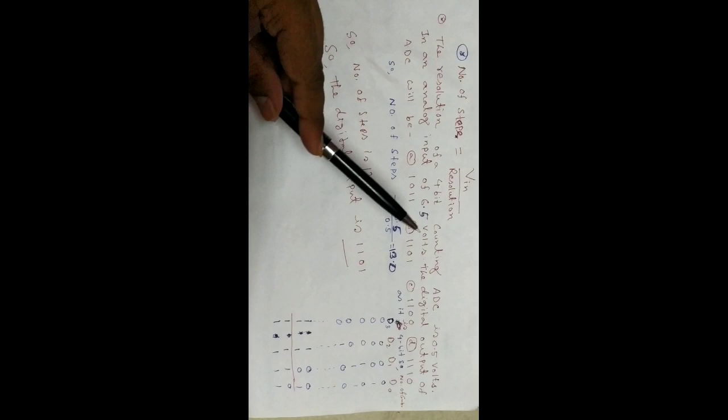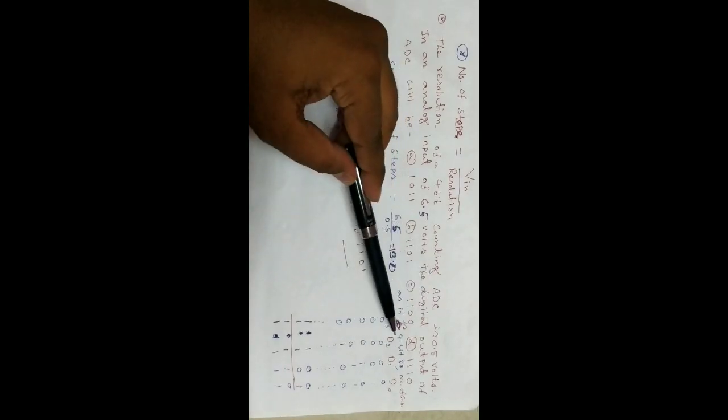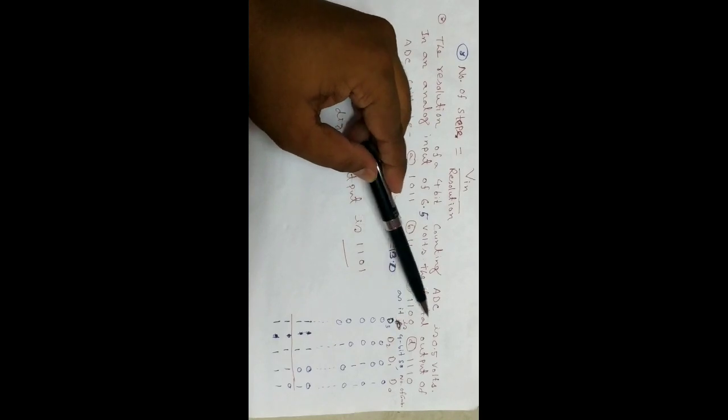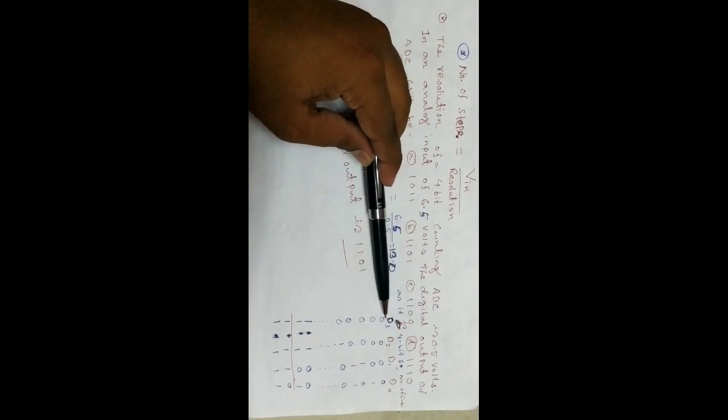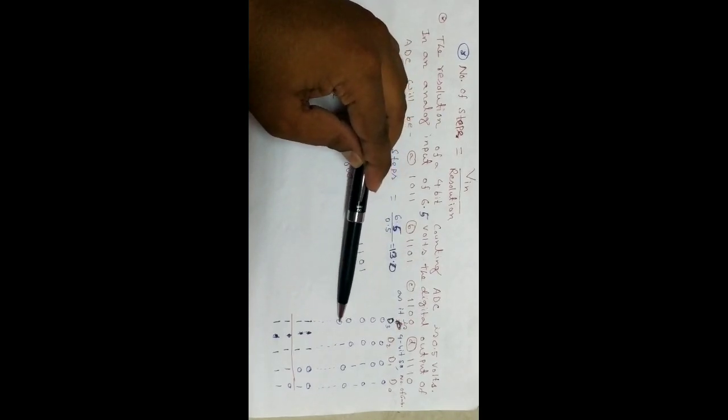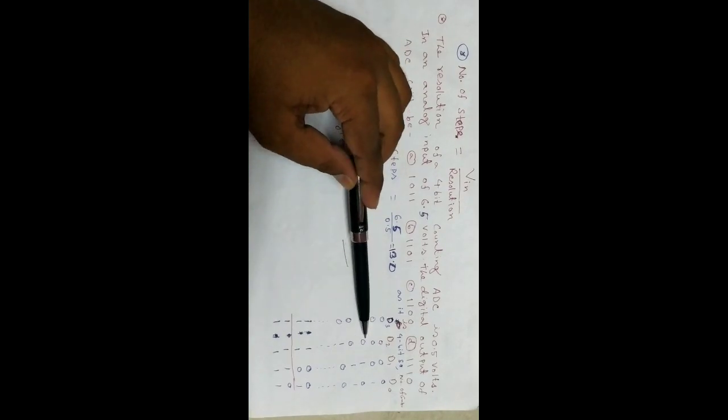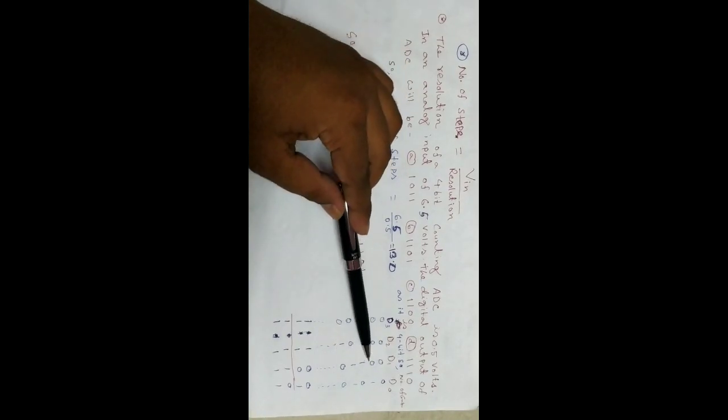At first you see there are 4 bits in the counting analog to digital converter. So the combination is D3, D2, D1 and D0. 4 bits means 2 to the power 4, that is 16 combinations, so 0000 and so on up to 16 combinations, which I write here for your clarity. Now we calculate the number of steps.